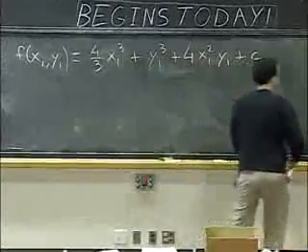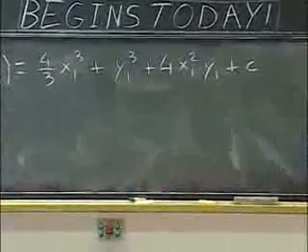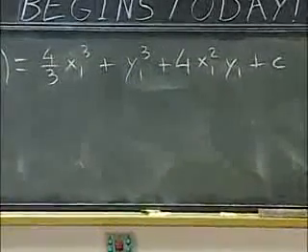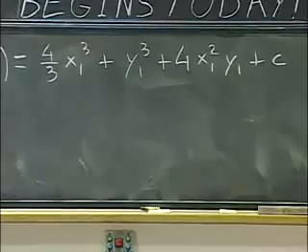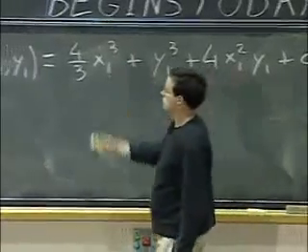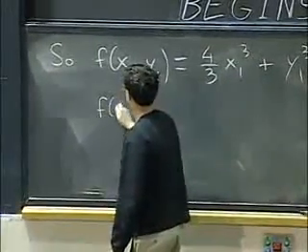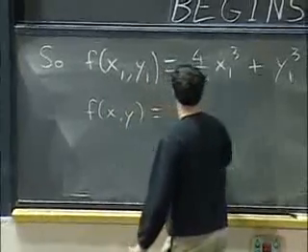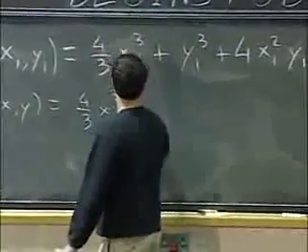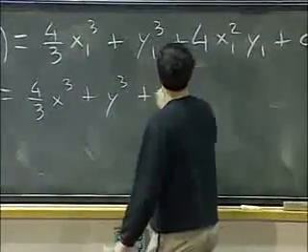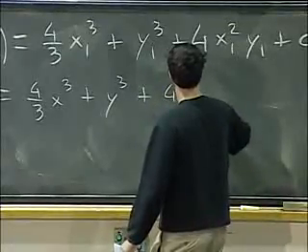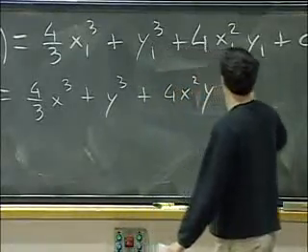Okay, that constant is just the integration constant that we had from the beginning. Or, now you can drop the subscripts if you prefer. You can just say f is 4/3 x cubed plus y cubed plus 4x squared y plus constant.